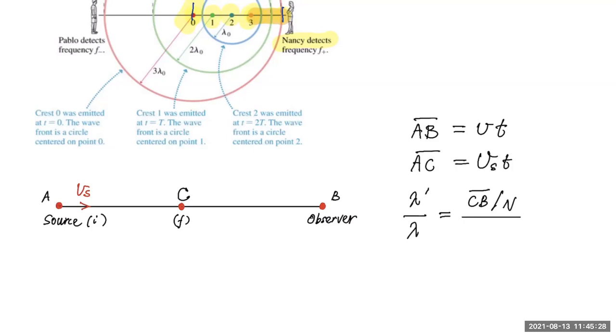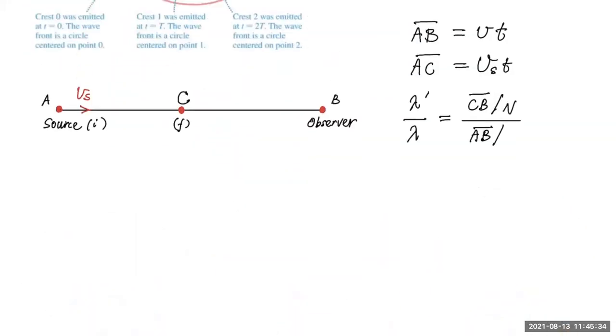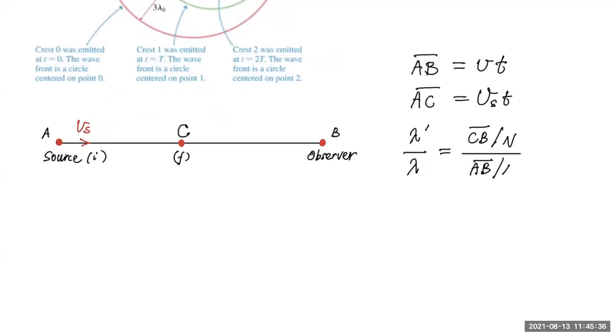So you take the total length AB and divide it by the total number of wavelengths. That will get you the original wavelength. I don't care what N is, it cancels out. I don't care what t is, it all cancels out. What's important is the ratio of CB over AB, and CB, as you know, is AB minus AC.